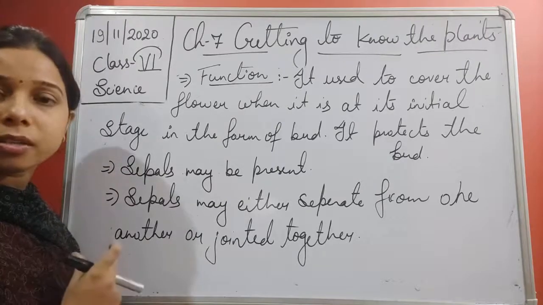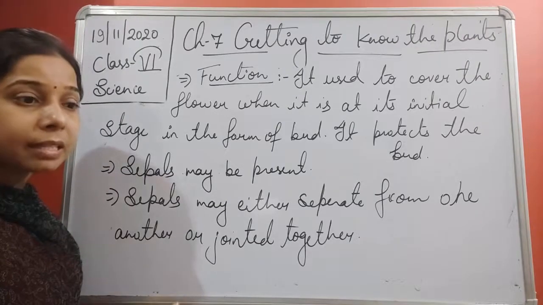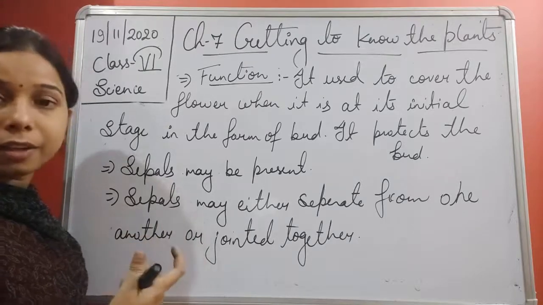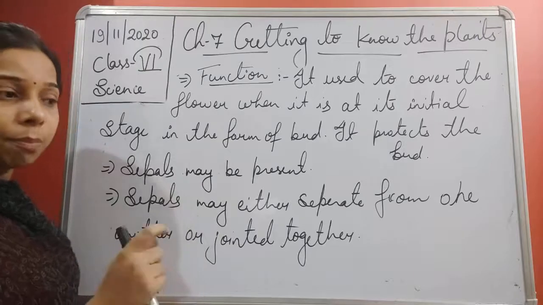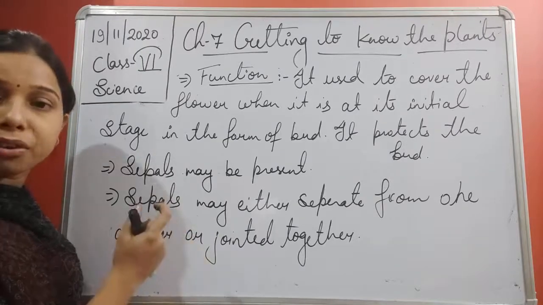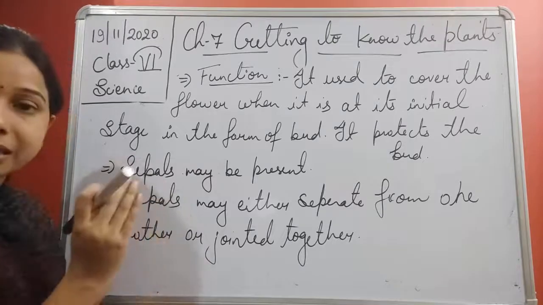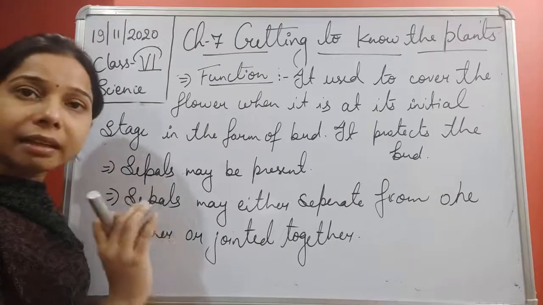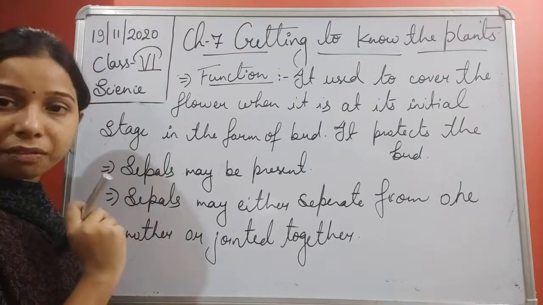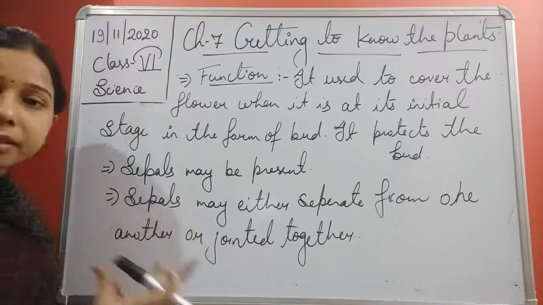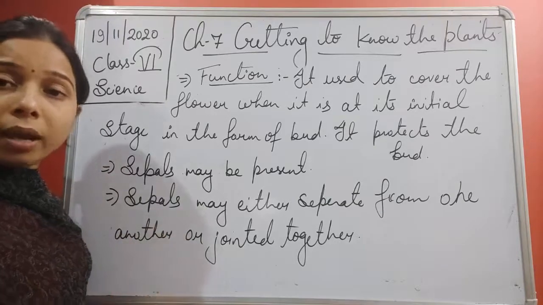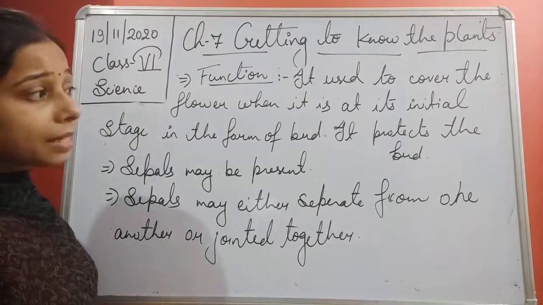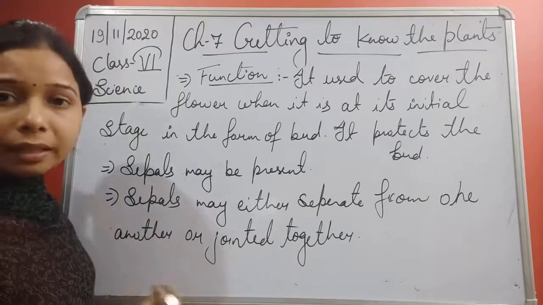Whenever the question is asked, what do you understand by the sepals, you will write that it is the green leaf-like structure which is present at the circle of the flower, where all the petals meet. What is its role? Why is it there? We can say that it basically helps in protecting the bud.